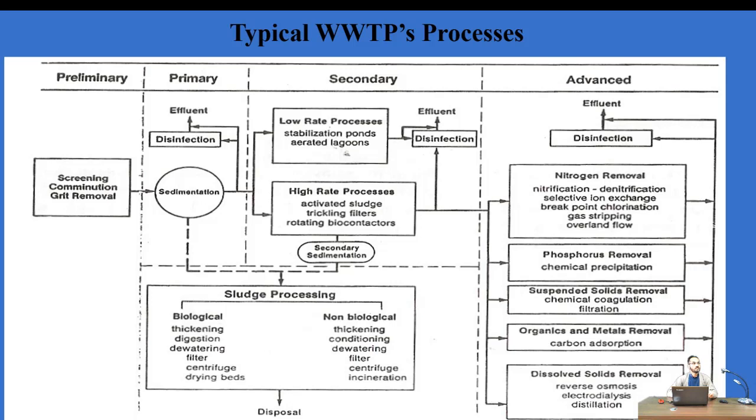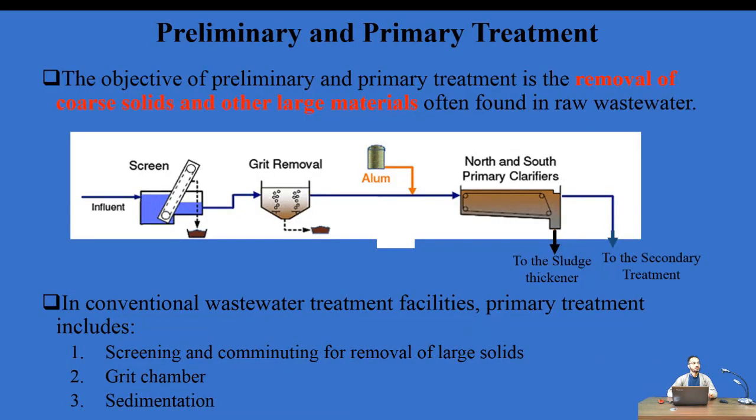We will focus here on the secondary treatment using biological treatment. The objective of the preliminary and primary treatment processes is the removal of coarse solids and other large materials.